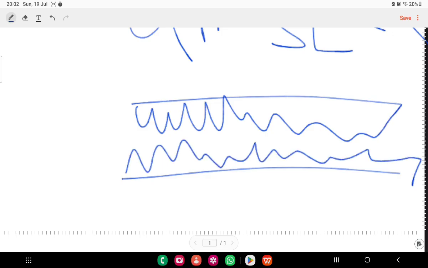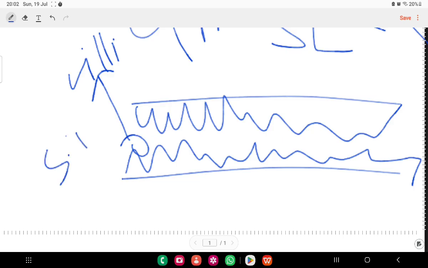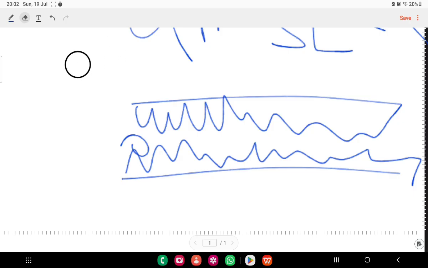So yeah, these finger-like projections are called villi, and the singular is villus. All right. So these villi right here have two functions.